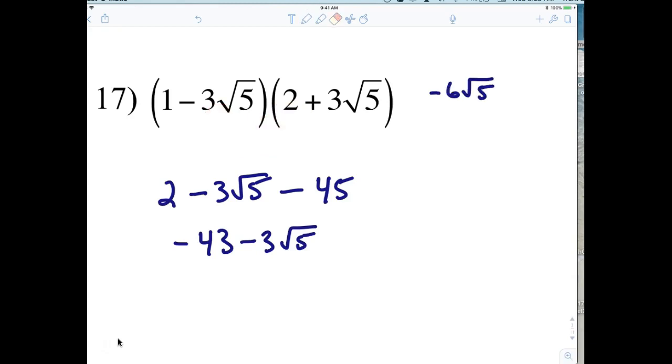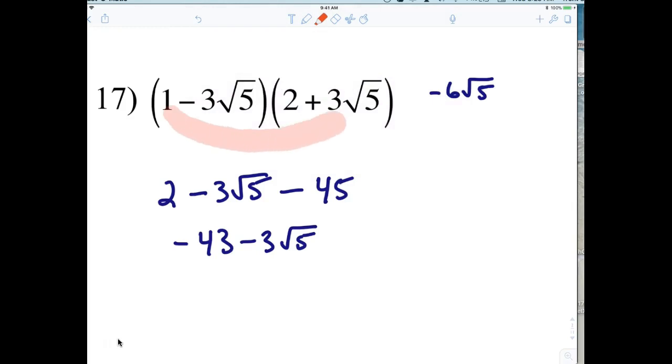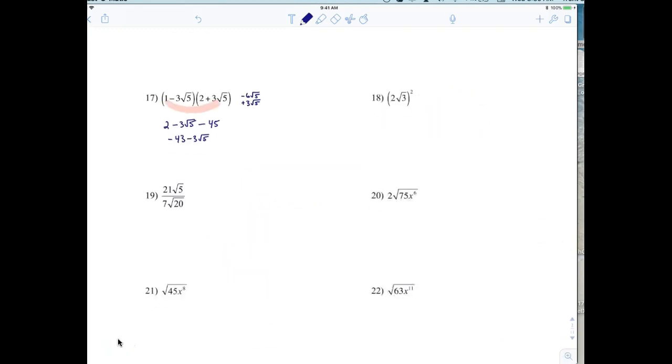Now I'm going to multiply these two together, and that would give me a positive 3 radical 5. You with me on this? That's why it's negative 3 radical 5. Everybody good? Okay.